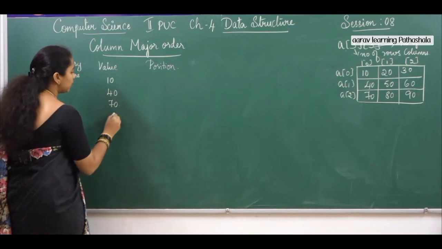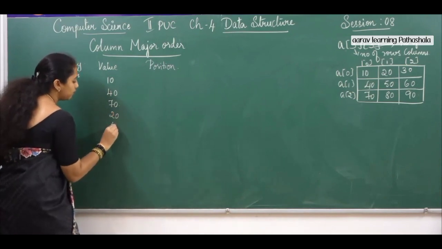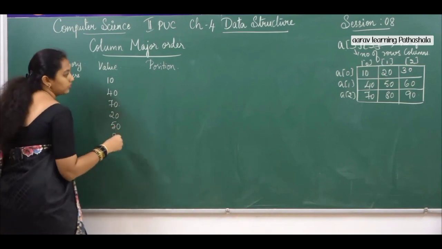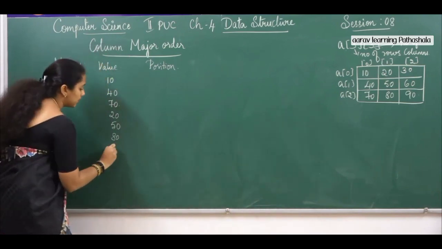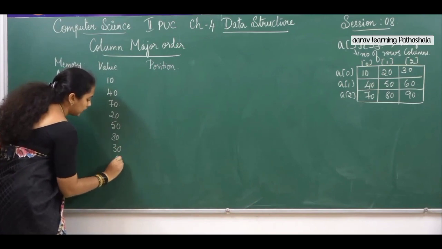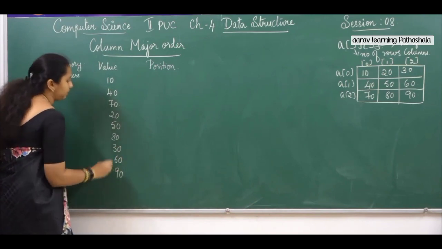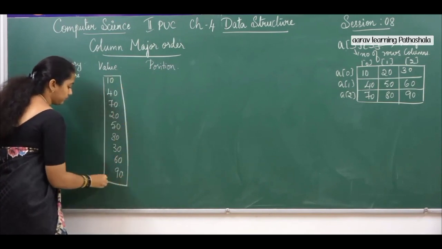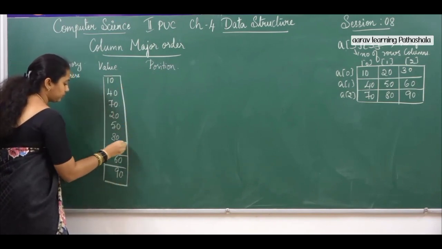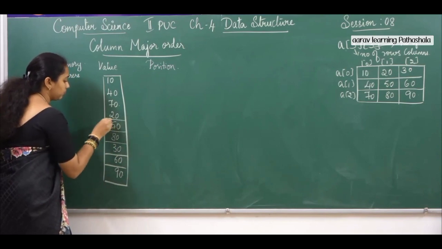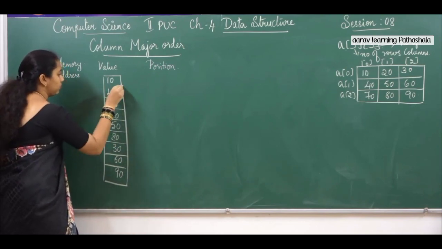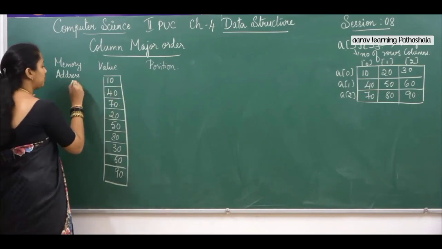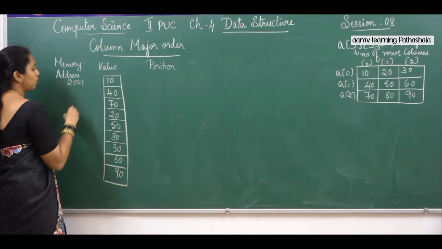Then the second column elements, that is 20, 50 and 80. Then the third column elements, that is 30, 60 and 90. So let the memory address of the first element be 2001.